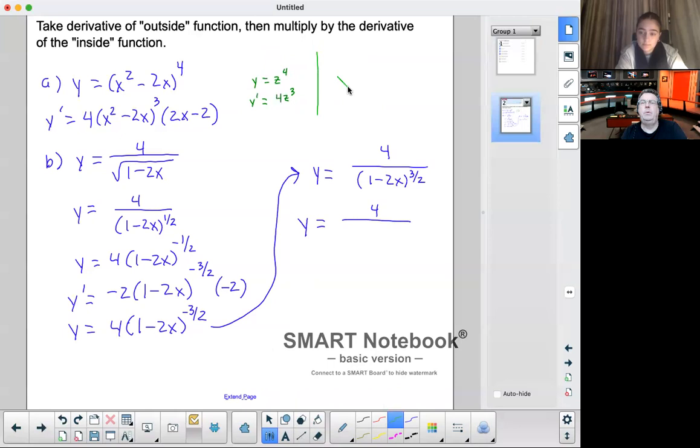Any base to a fractional exponent, m over n, can be written as a radical like this. The denominator is what we call the index. So the nth root of the base raised to the m power.